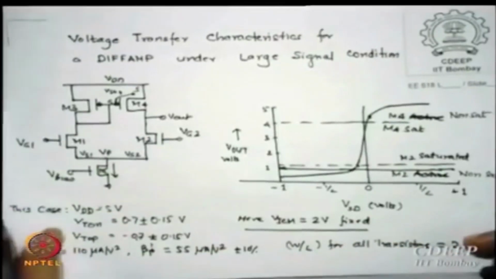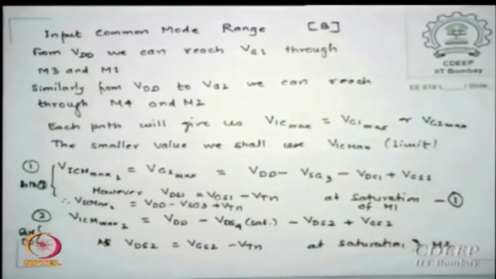Okay, so I have two paths. Similarly there will be two paths for VG2. We can reach through M4 and M2. Is that correct? It's identical. Each path will give us VICM max, and we will figure out whichever one is lesser, okay.